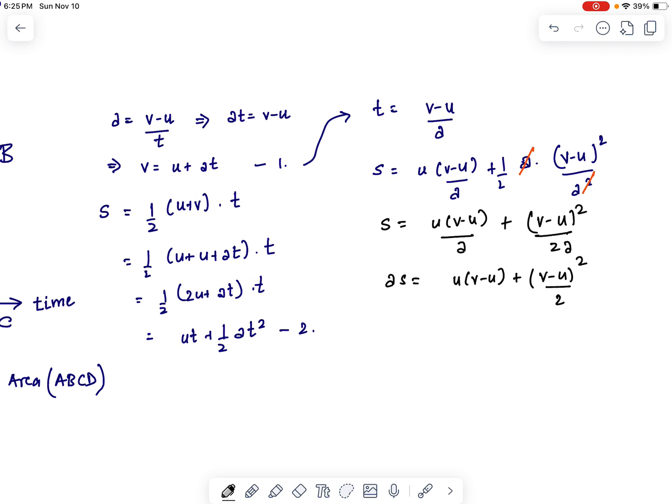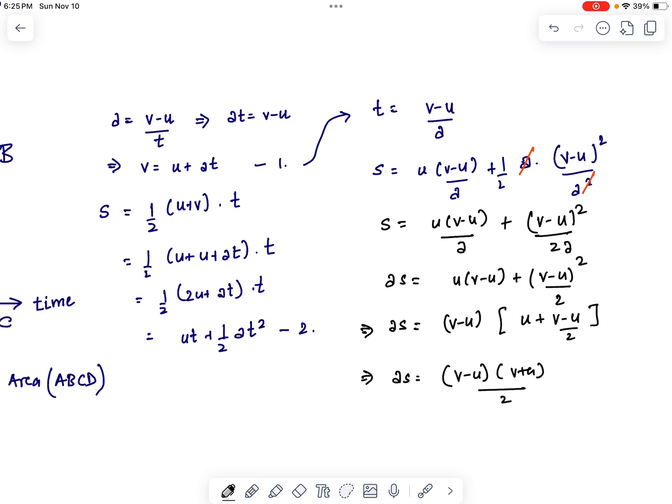We collect the terms of v minus u on the right. We get (u plus (v minus u) divided by 2), and therefore we get as equals (v minus u) times (v plus u) divided by 2.